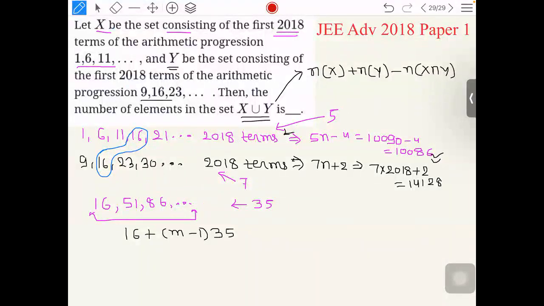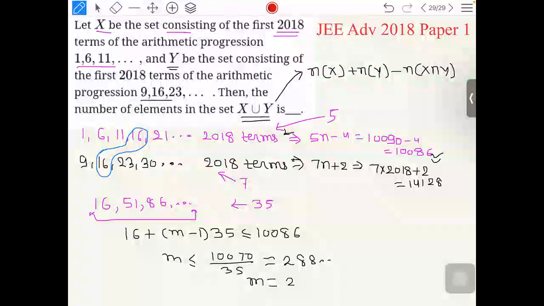So 16 plus (m minus 1) times 35 should be less than or equal to 10086, or m is less than or equal to 10070 by 35, which is approximately 288 point something. That means m का वैल्यू कितना हो जाएगा, 288.